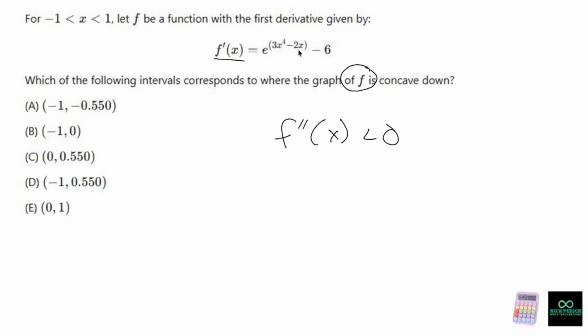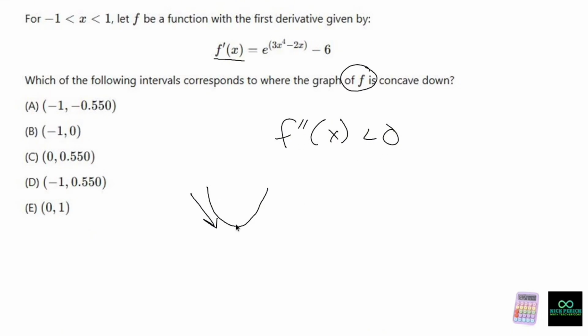Now, if I give you the graph of the first derivative, and let's just make believe it looks like that, the second derivative being negative means where my line is decreasing. Wherever the derivative is decreasing is going to tell me where the second derivative is negative.